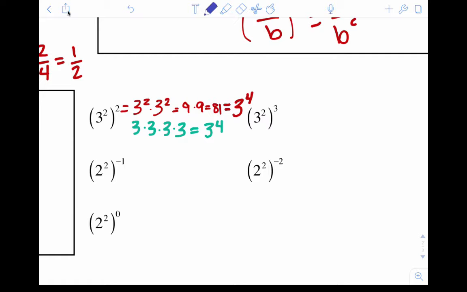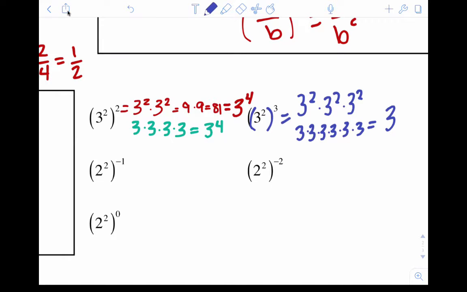But let me go ahead and write this out in expanded form because I feel like that would be simpler. So 3 squared to the 3rd is the same as 3 squared times 3 squared times 3 squared. I'm taking this parenthesis and I'm multiplying it by itself 3 times. So I'm going to write that as 3 times 3 times 3 times 3 times 3 times 3. So I get 3 to the power of 6.